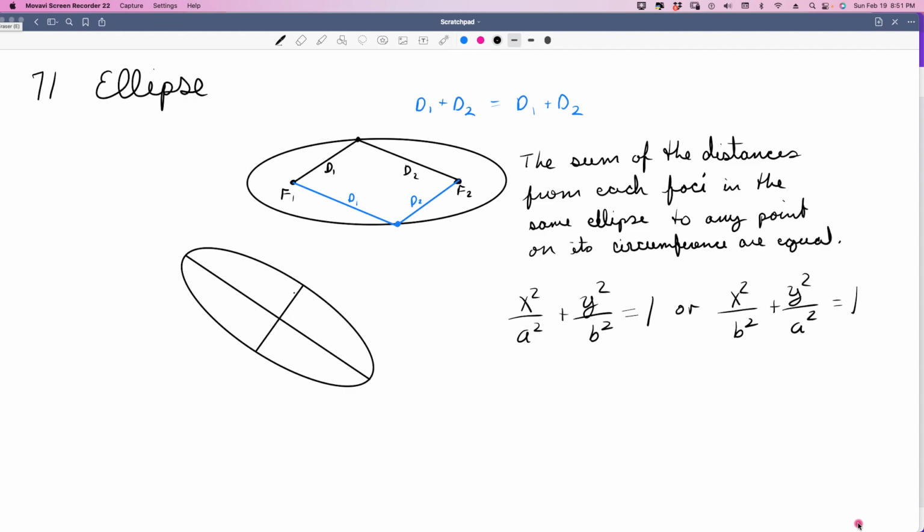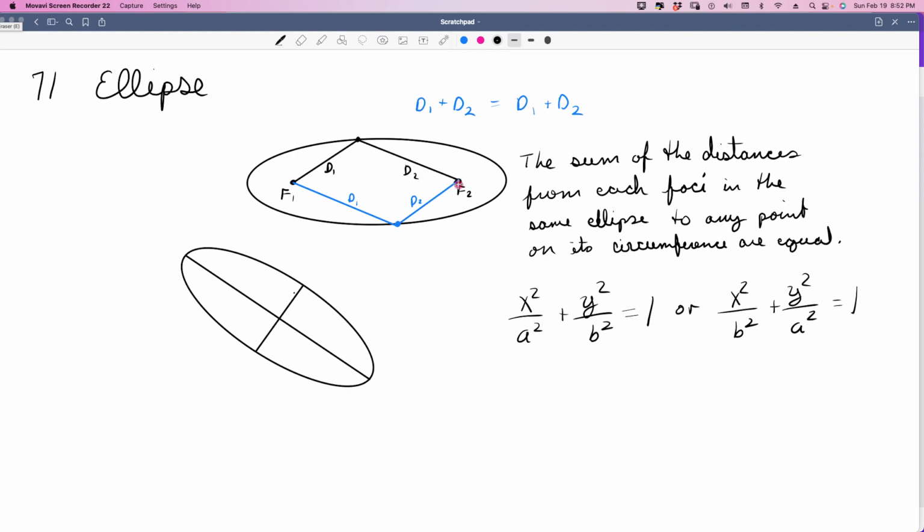So the ellipse is in the circle family in that it has circumference and that whole curvy bit going on. One of the things that's important to know about the ellipse is that it has what's called foci. Those are two points on either side of the ellipse, and I'll tell you how to find those later.